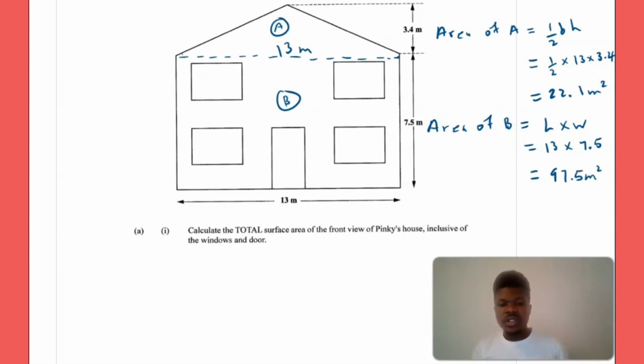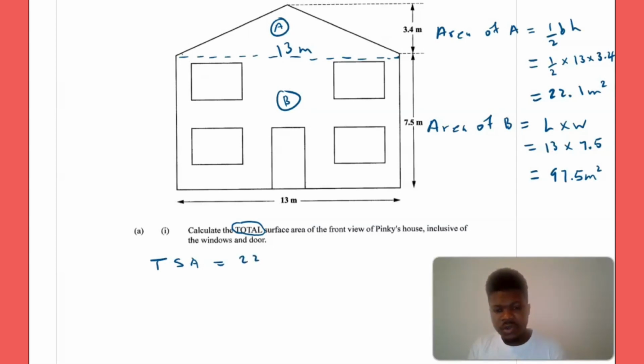Now they ask for the total, and we can see that word right here is capitalized, so it means that we need to add them. So we can say total surface area, for short TSA, equals, and we're going to add the areas now. So it's area of rectangle plus the area of the triangle.